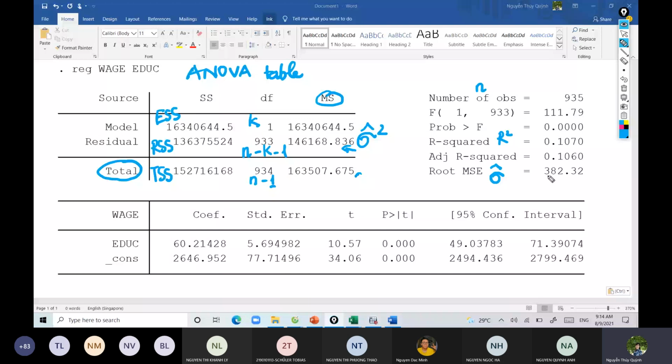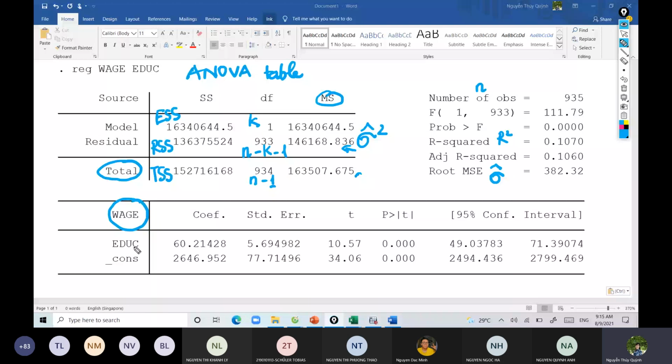In the lower table, we have the estimated model. Okay, here is the dependent variable. The dependent variable of the model will always be here. And in the lower rows, we have the independent variables of the model. In this case, we have only one independent variable, that is educ, right?